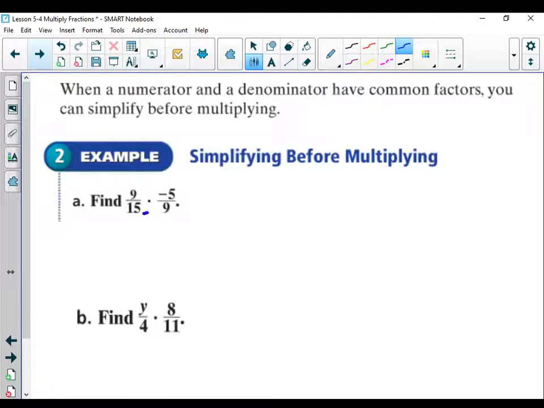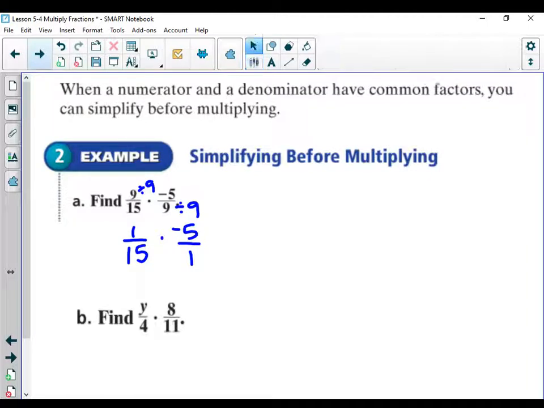Because right now I'm noticing 15 times 9. That's a little too hard for me. But if I divide 9 by 9, now I have 1/15 times -5/1. That's not so hard for me anymore.